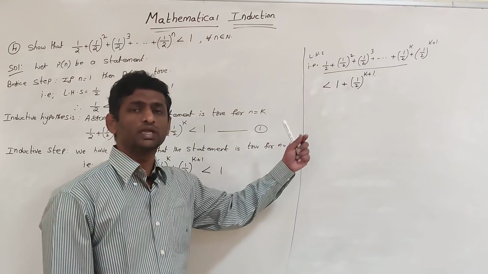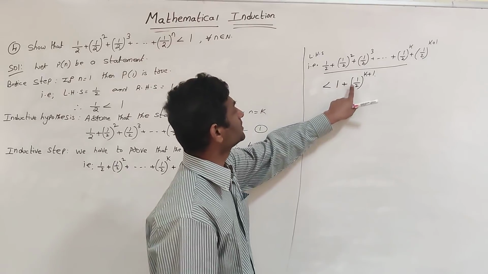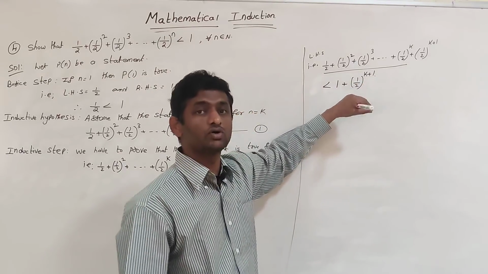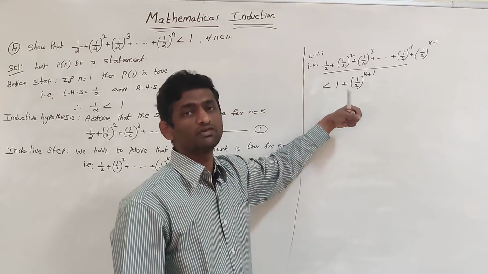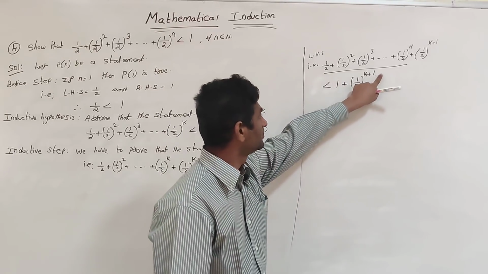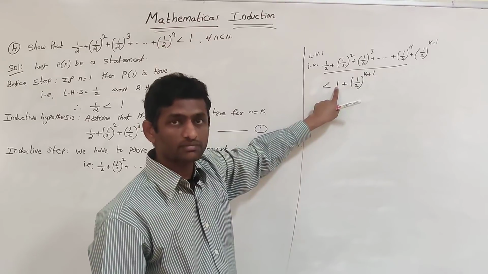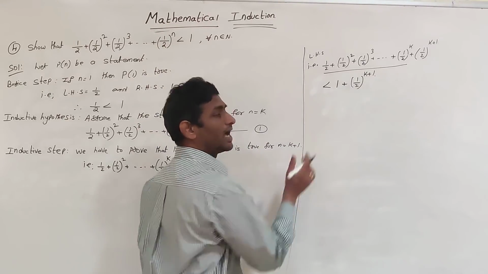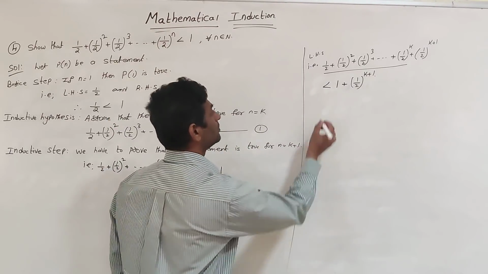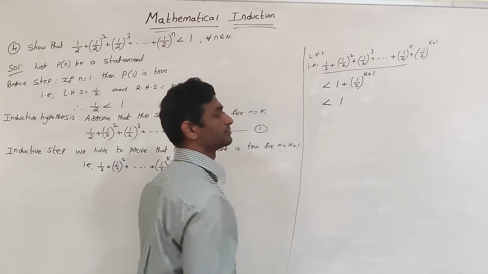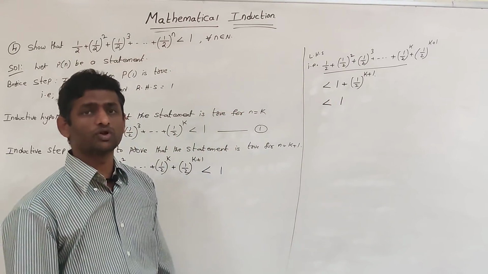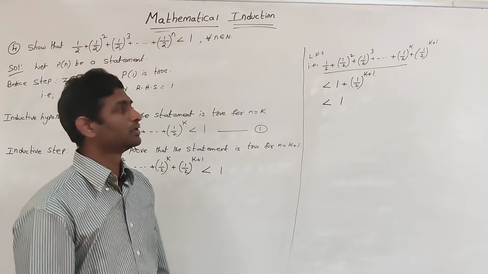If you substitute any natural number, the sum plus 1 by 2 whole to the power of k plus 1 is always less than 1 only. Means whatever value you get will always be less than 1. It is obviously true for all natural numbers.